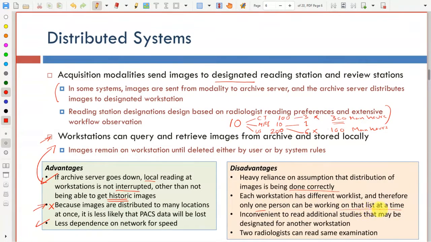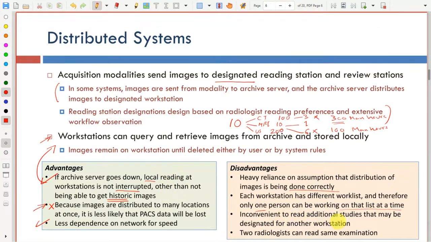For example, if you have a CT workstation with multiple cases on it, and you have two doctors, only one doctor can work on that workstation at any given time. You cannot open two cases at the same time because you have only one workstation for CT, which is a big problem.